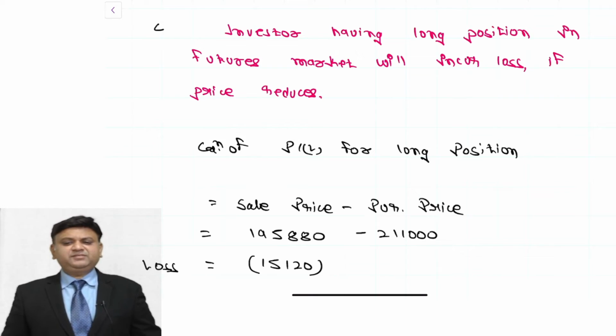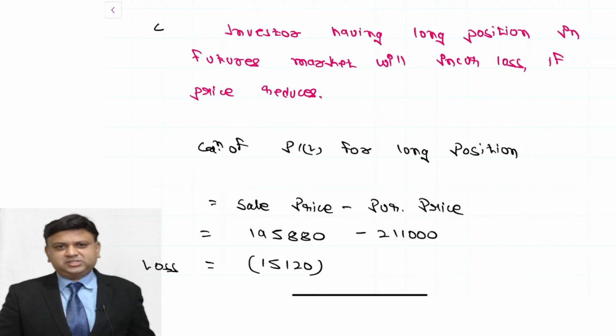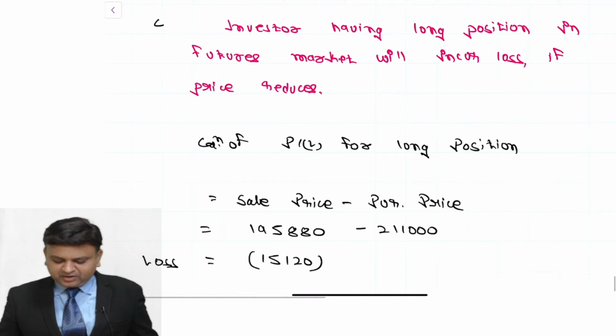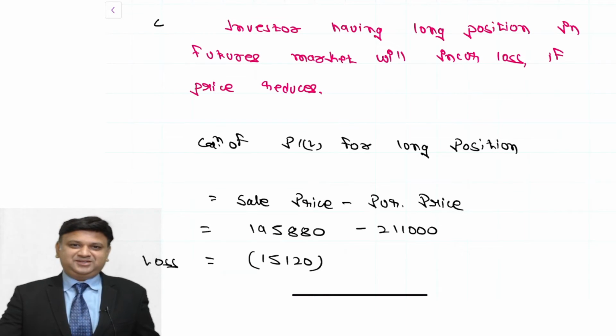We can say that the investor having long position even in the cash market will incur a loss if at all the price reduces. And we have made the computation, the loss is 15,120.